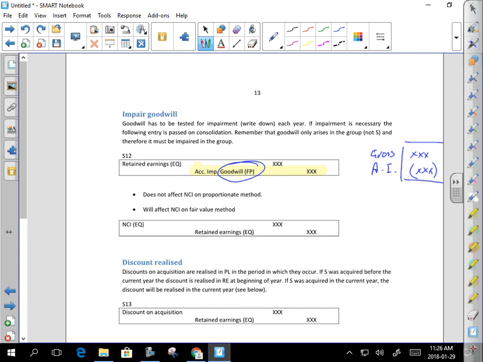Like if I say to you depreciate an asset, you're not going to go debit depreciation, credit the asset. Please say you're not going to do that. Okay? You're going to go debit depreciation, credit accumulated depreciation. Goodwill, debit. The impairment loss, which in the prior year is retained earnings, and credit accumulated impairment of goodwill.